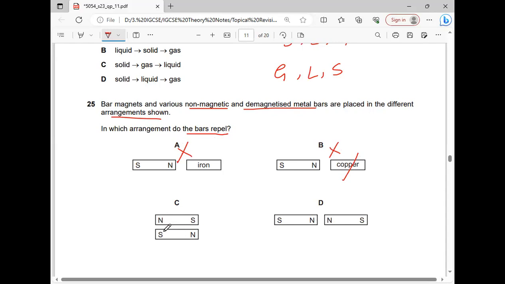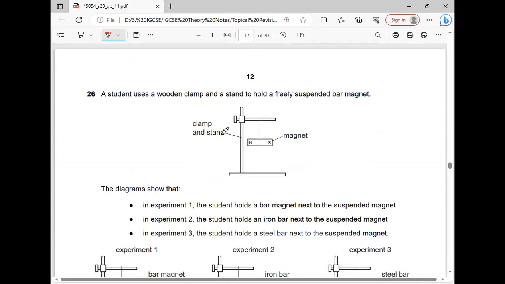North, south, north, south: they will attract each other. And yes, north, north: like poles repel each other. So which option is now correct? Option D is the correct answer. Let's move towards the next question. This is an interesting question.